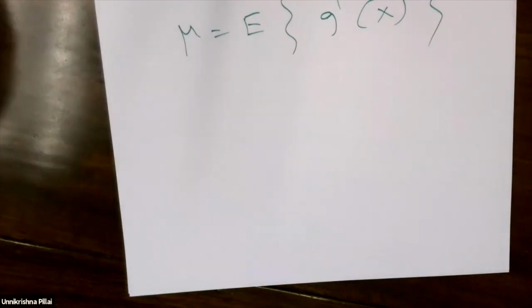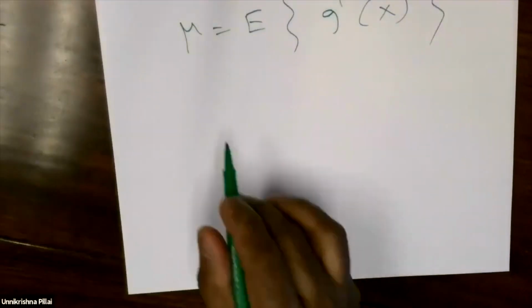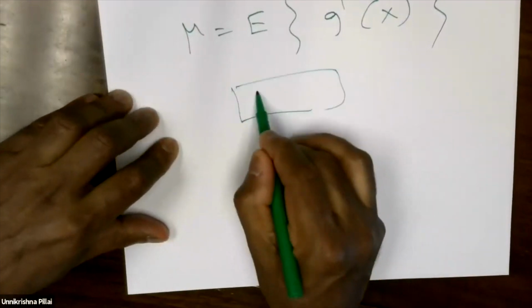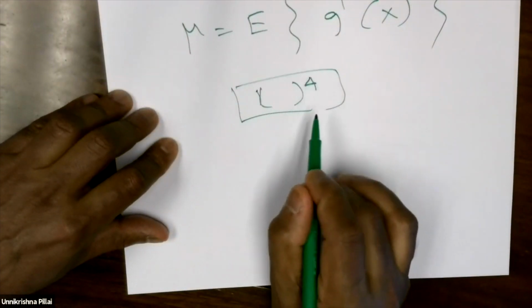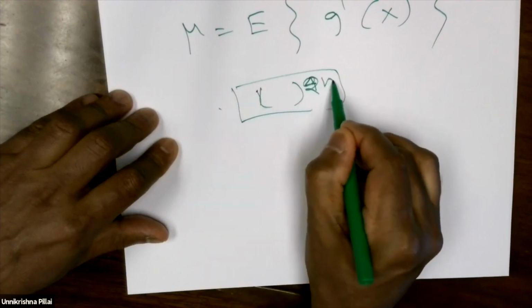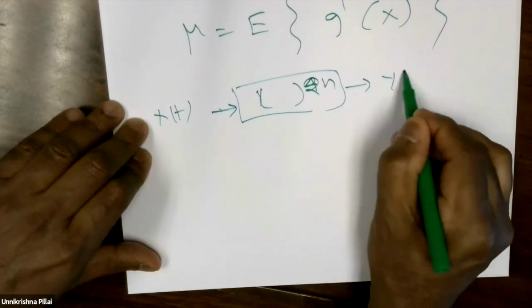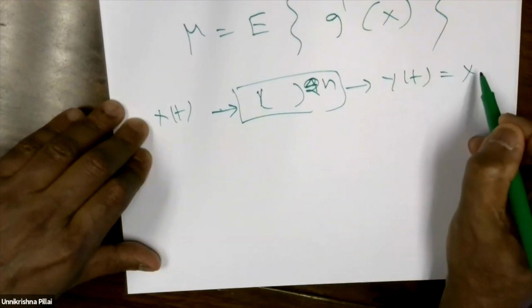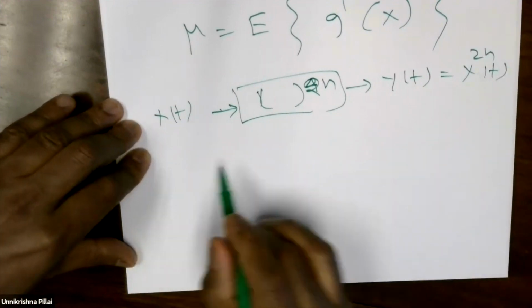And this proportionality constant is, remember, we have some nonlinear function here. So as an example, let me ask you this. Suppose this nonlinear function is the 4th power, some 2n. So x of t goes in, and what you get as output is x to the power 2n of t.